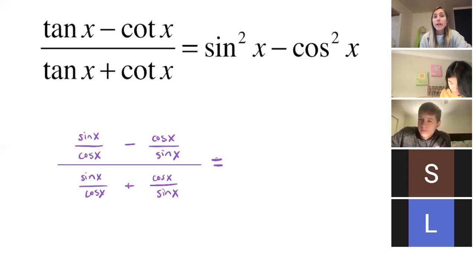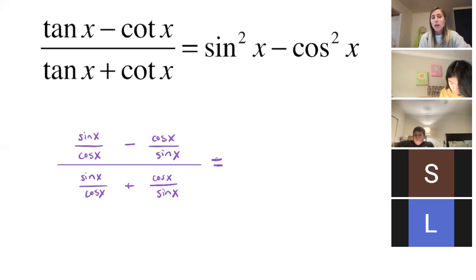Now from here, the right-hand side is a difference of two squares. The left-hand side, we still have this big fraction, and we also have complex fractions now. There's no complex fractions on the right-hand side. You want to keep checking the side that you're trying to get the other side to match.